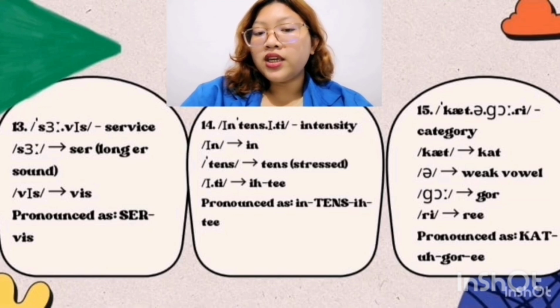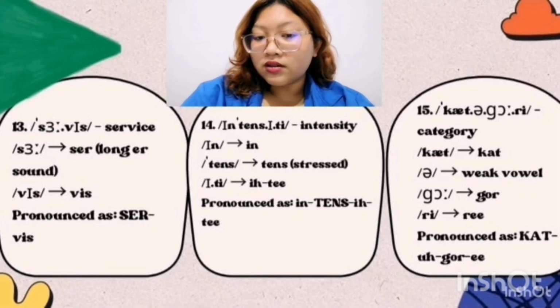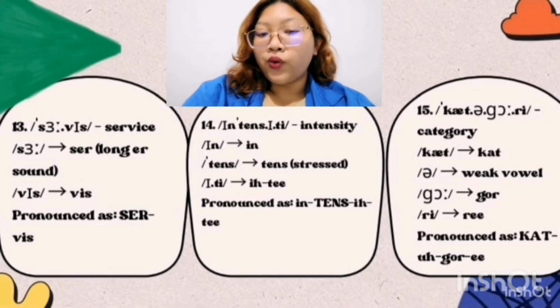The first part we read is "cat", weak vowels, "gore", and "ee". So "cat-uh-gore-ee", category.